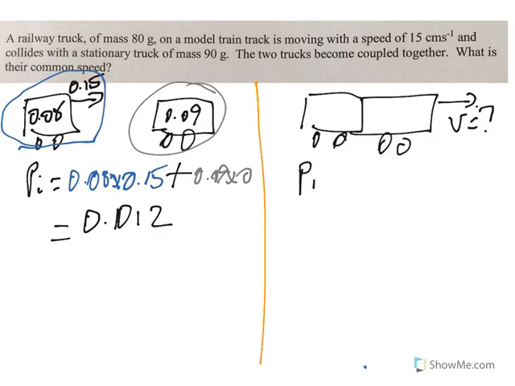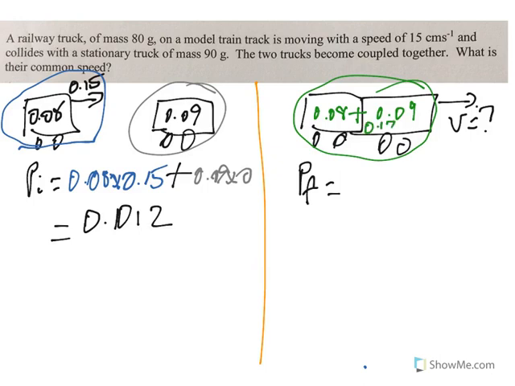Now our final momentum would be our mass, and this time we've got those two things that have joined together. So our mass is 0.08 plus the 0.09, which of course is 0.17. So when we go to figure that out, it's 0.17 times v, whatever that velocity is.